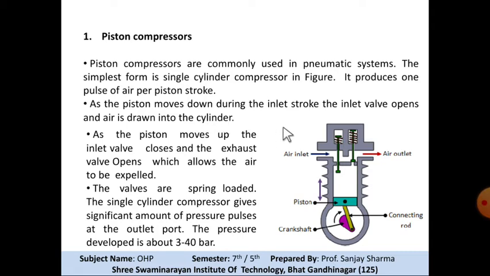As the piston moves from top to bottom, from TDC, the top dead center, to BDC, the bottom dead center, the inlet valve opens and air is drawn into the cylinder.